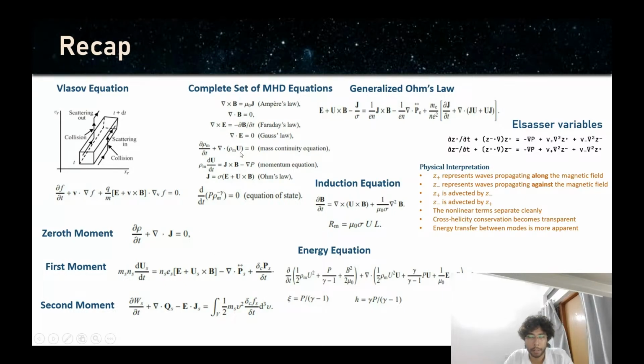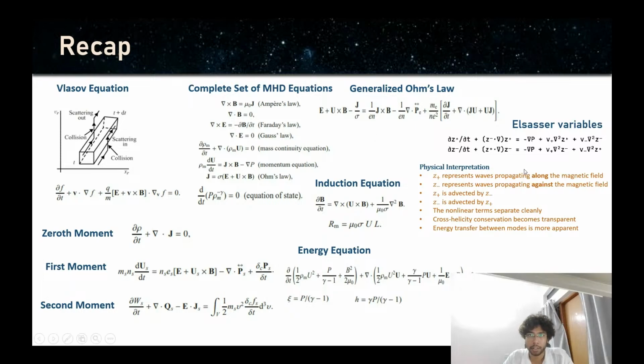Next, we also derived the generalized Ohm's law, which is written over here. But in general, we only take the left-hand side and we neglect the right-hand side of this generalized Ohm's law.